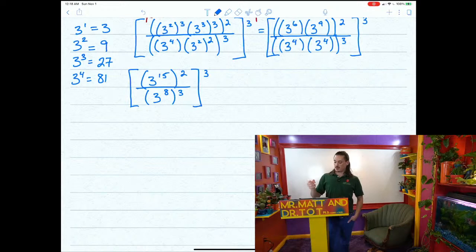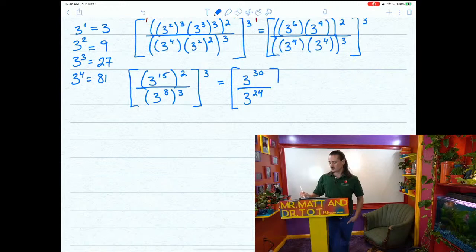Now we have common bases raised to exponents, and we're dividing, so we can keep the base, subtract the exponents. So this is equal to 3 to the 30 minus 24 power. That's going to be 3 to the 6th power. Quantity cubed is going to be 3 to the 18th power as your final answer.